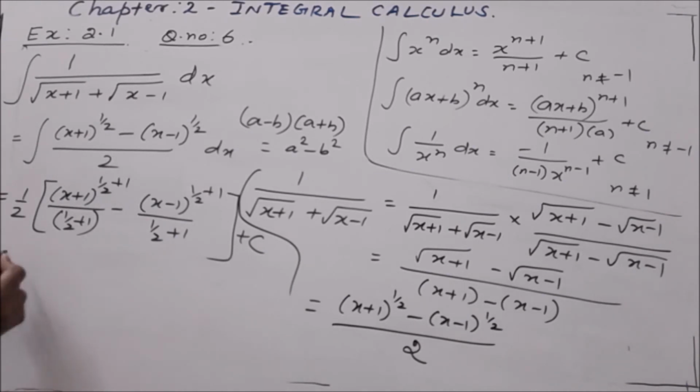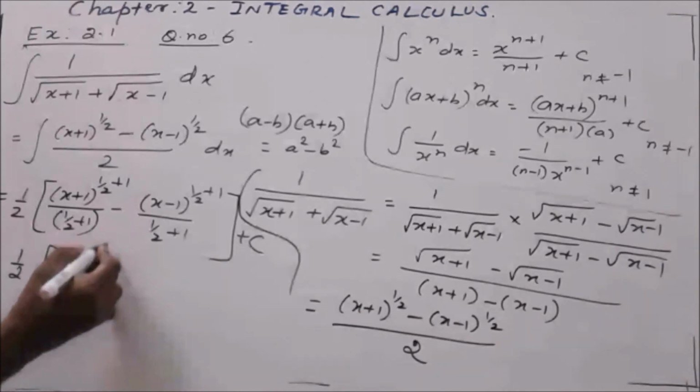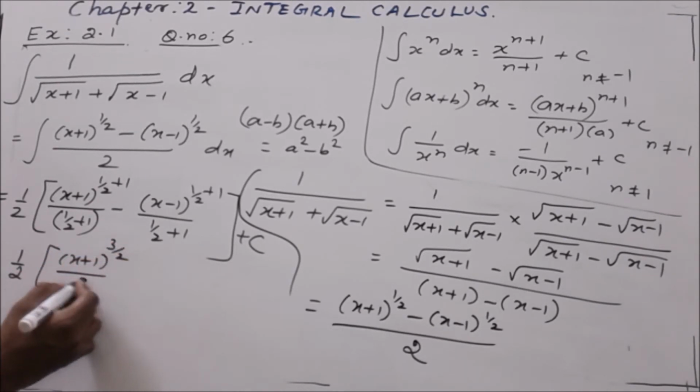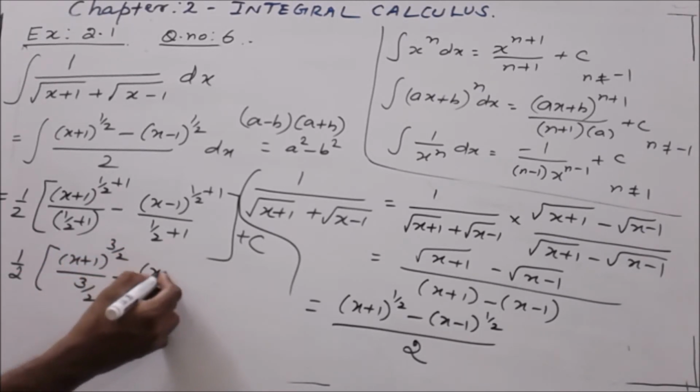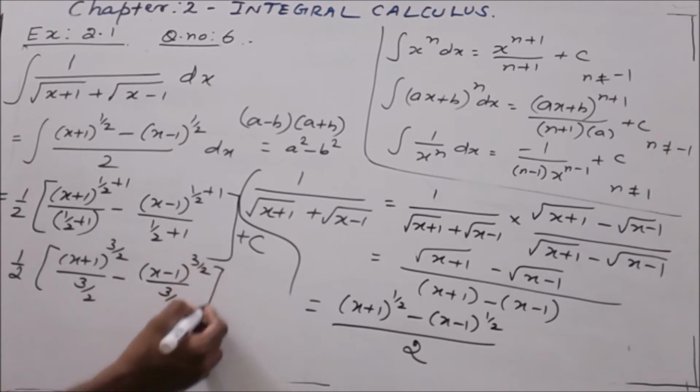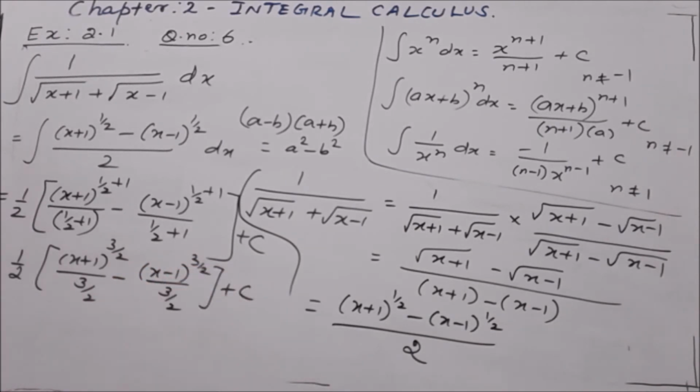Now simplify here. 1 by 2, x plus 1 whole power 3 by 2 by 3 by 2, minus x minus 1 whole power 3 by 2 by 3 by 2, plus constant of integration c. Here simplifying this one, it will be 3 by 2, then the 2 gets cancelled. Here also 3 by 2. 1 by 2 is common to both the terms.